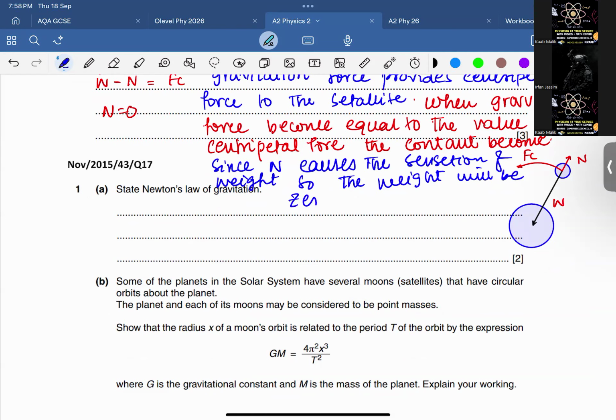Like the weight that he is experiencing is zero. So he feels nothing, he just floats around, right? So that's how he can float in space.